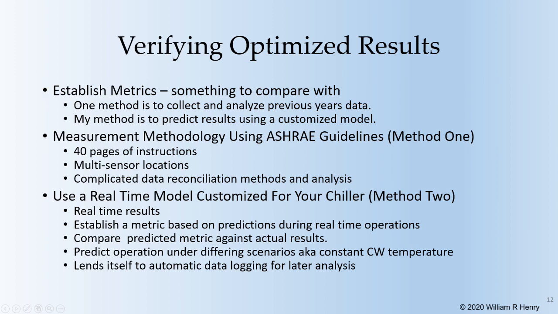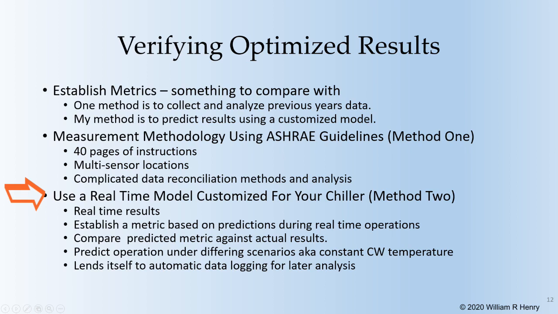My solution was to develop a model of the chiller using actual operating conditions and predicting the performance in a verifiable manner. ASHRAE provides instructions and methods for collecting data that can be used for historical analysis of operation and its efficiency. A model must be customizable to match any specific chiller and its operating conditions. But with a good model, one can make real-time predictions.